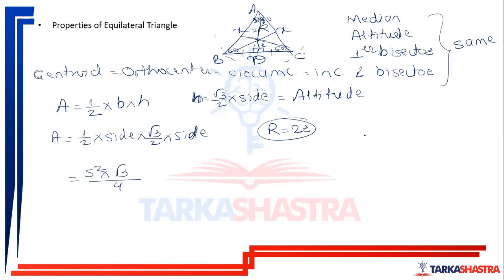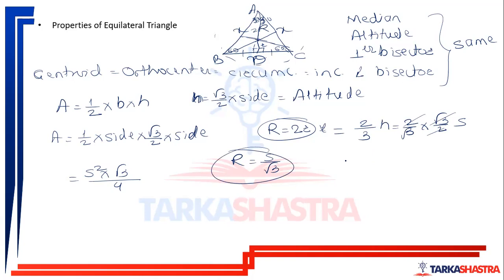Which is also equal to 2 by 3 of the altitude or height of the triangle, which is equal to 2 by 3 multiplied by root 3 by 2 multiplied by the side of the triangle. So circumradius equals side upon root 3, and inradius equals side upon 2 root 3.